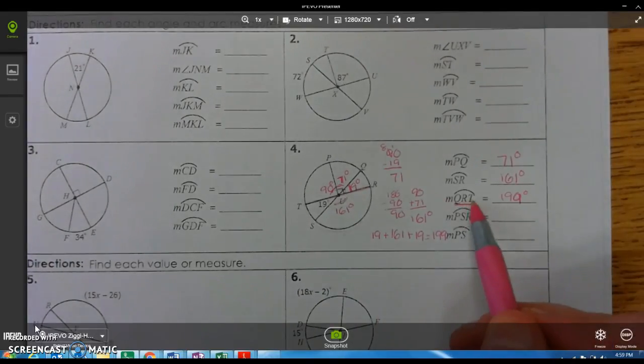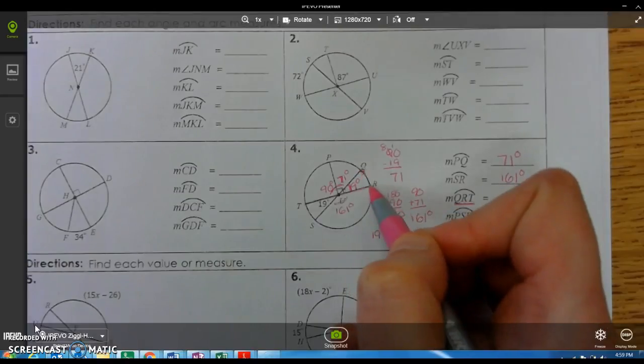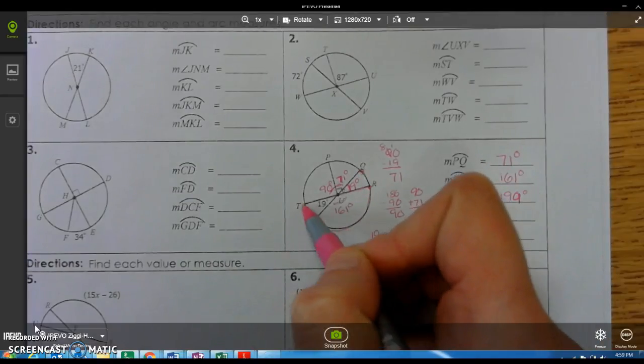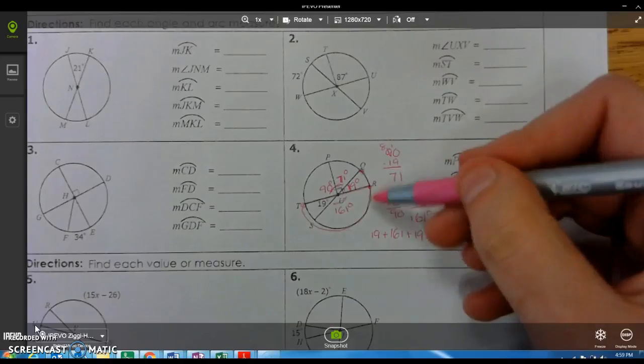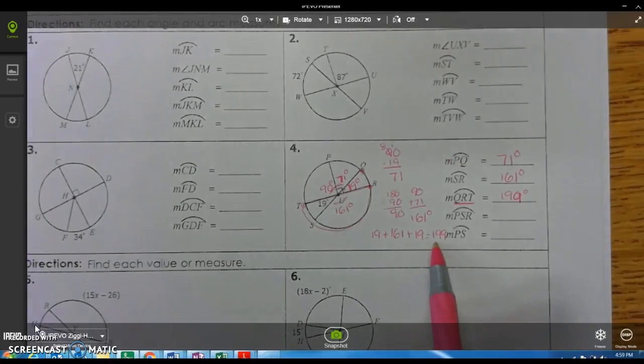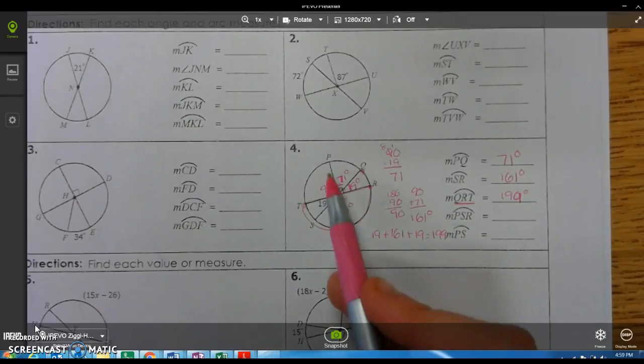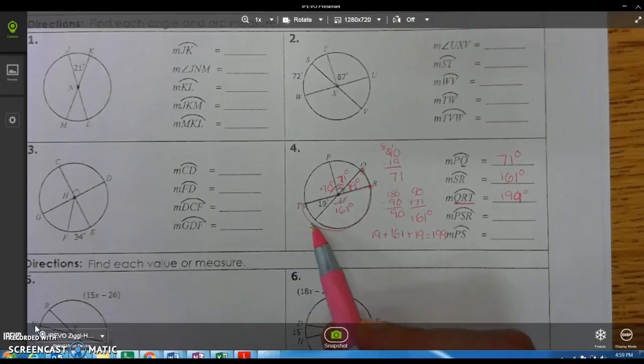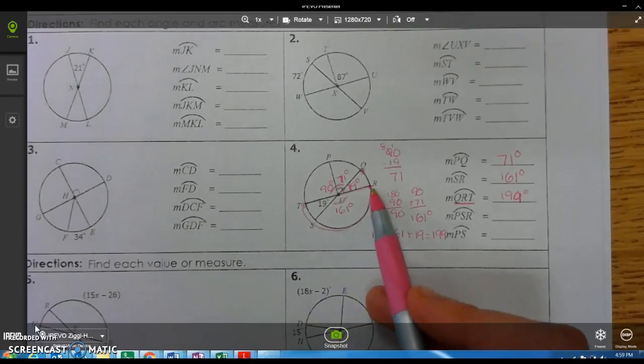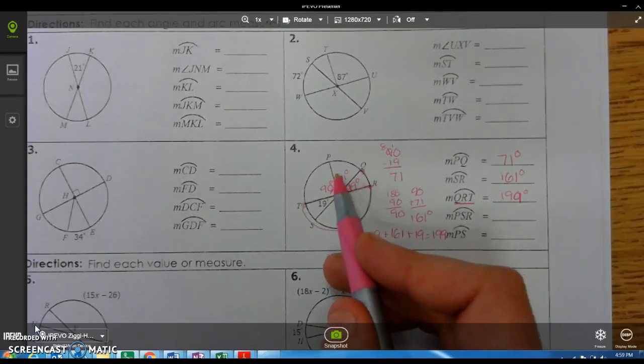So QRT, Q to R, all the way to T, right? So there's three pieces inside there, so I add three numbers together. PSR, once again, this has three letters, so I know I'm going to have to add. PSR. Well, look, this is everything but this 90-degree angle.